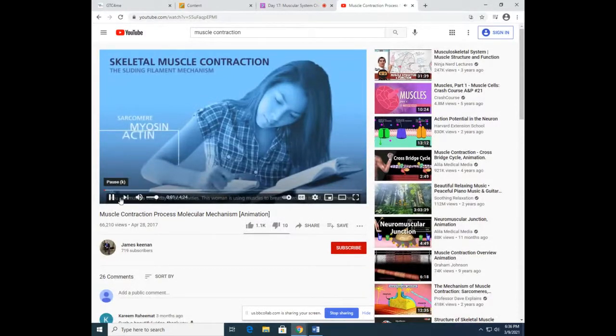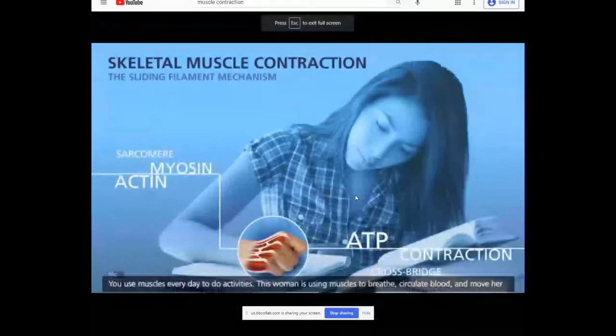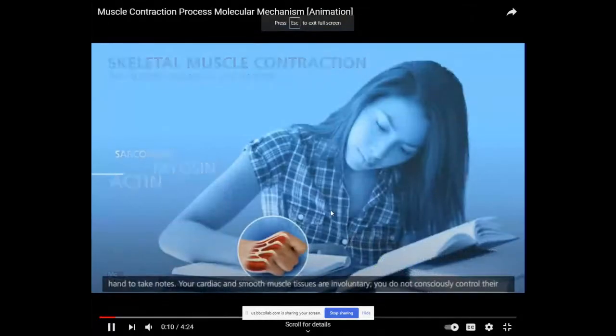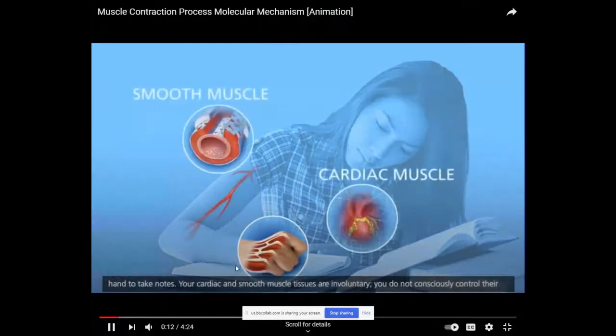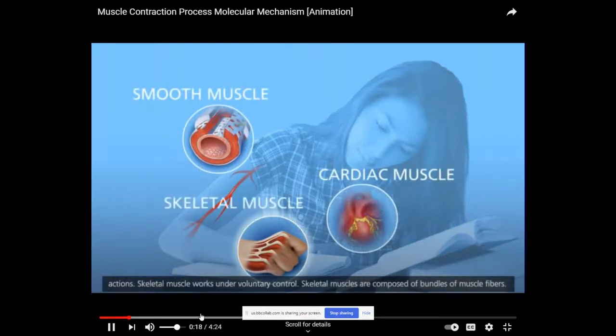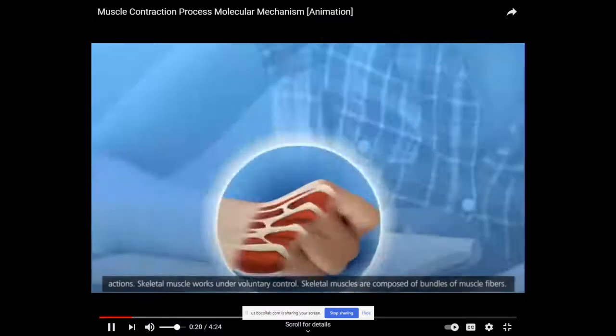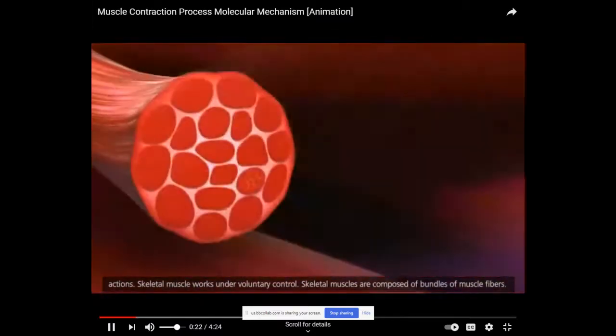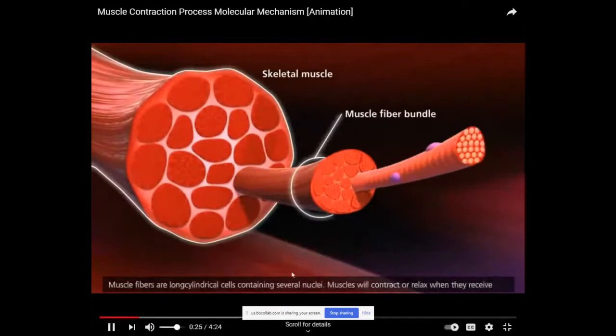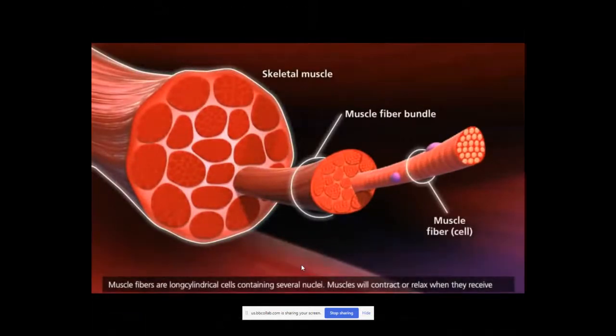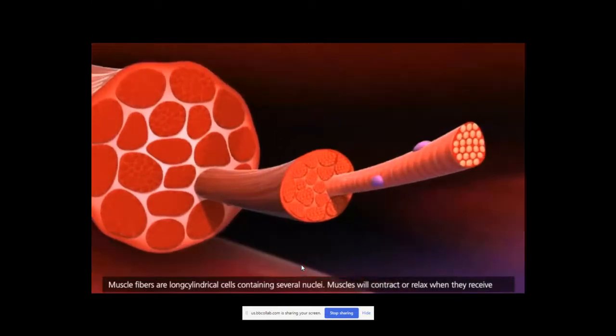Okay. Here we go. Muscles every day to do activities. This woman is using muscles to breathe, circulate blood, and move her hand to take notes. Your cardiac and smooth muscle tissues are involuntary. You do not consciously control their actions. Skeletal muscle works under voluntary control. Skeletal muscles are composed of bundles of muscle fibers. Muscle fibers are long cylindrical cells containing several nuclei.